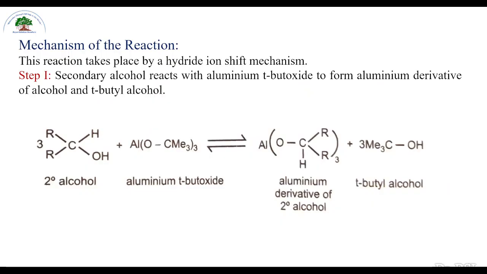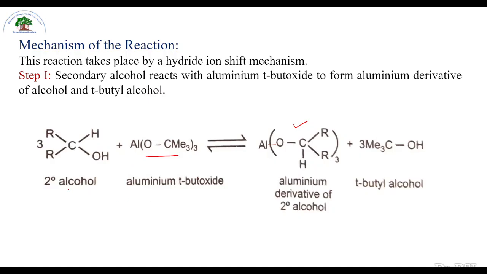The mechanism of the Oppenauer oxidation involves the hydride ion shift mechanism. In step 1, secondary alcohol reacts with aluminum tertiary butoxide to form the aluminum derivative of the alcohol and tertiary butyl alcohol.